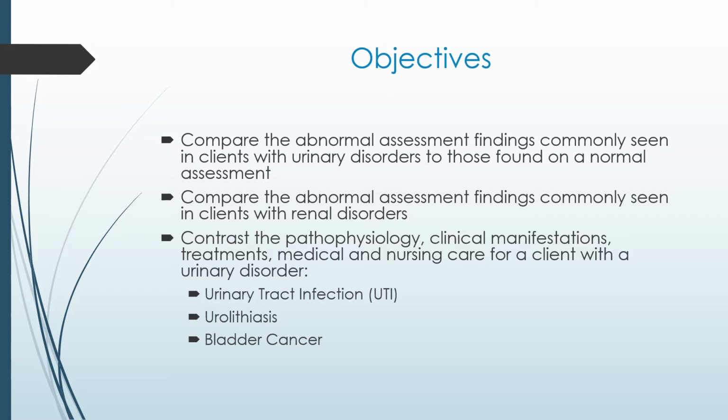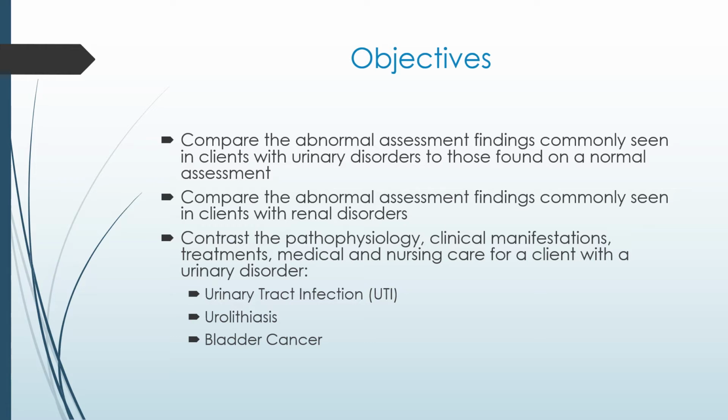So, the objectives for this course, I am going to combine renal and urinary together. So we will be comparing the abnormal assessment findings commonly seen in clients with urinary disorders to those found on a quote-unquote normal assessment, comparing the abnormal assessment findings commonly seen in clients with renal disorders compared to someone who does not have a renal disorder.